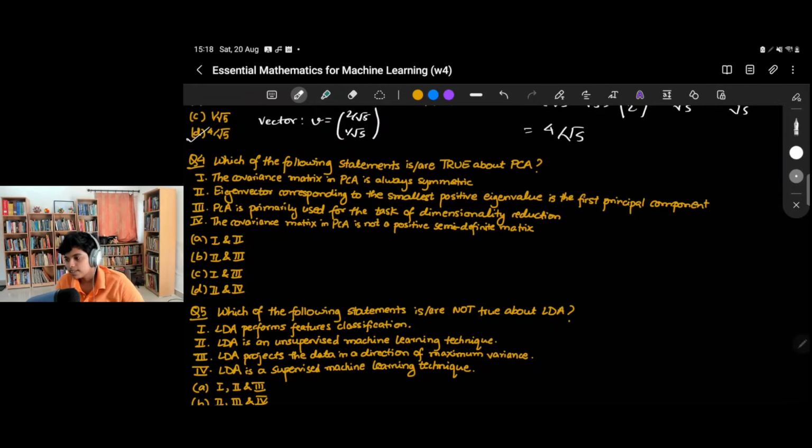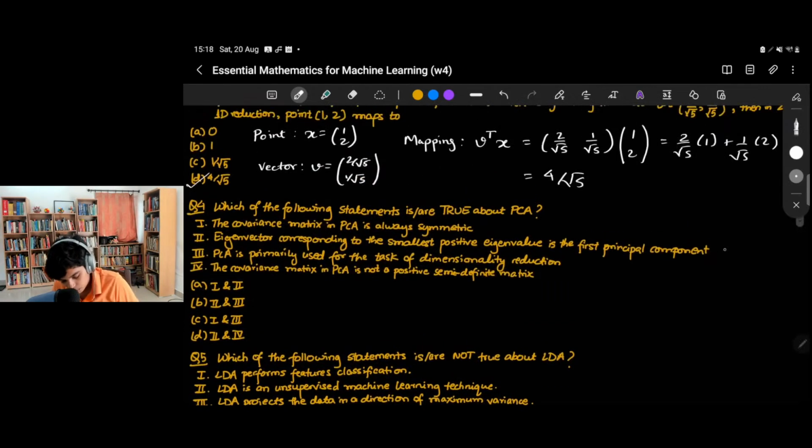So clearly the first statement is true because by definition of a covariance matrix, it is symmetric. The second statement is false because the eigenvector corresponding to not the smallest positive but the largest positive eigenvalue we take. So this is false. We take the largest eigenvalue instead of the smallest eigenvalue.